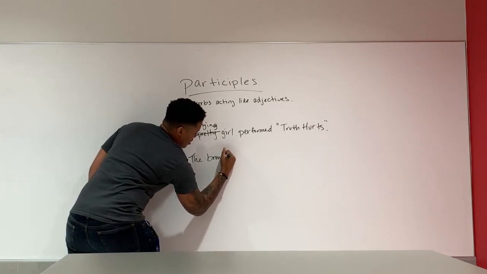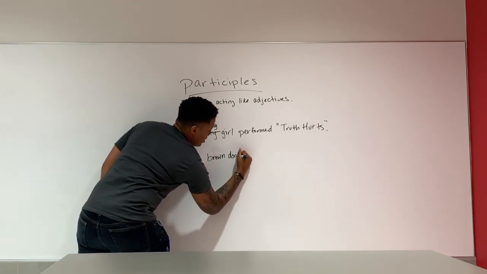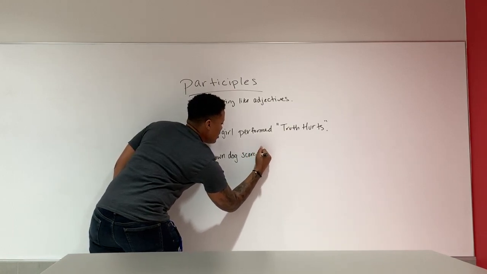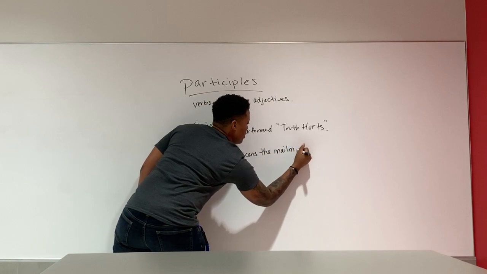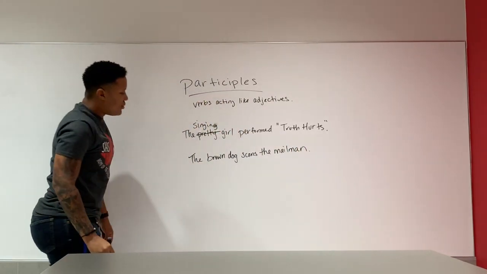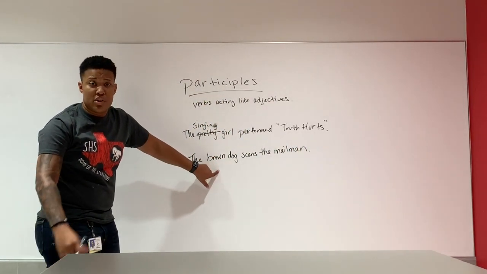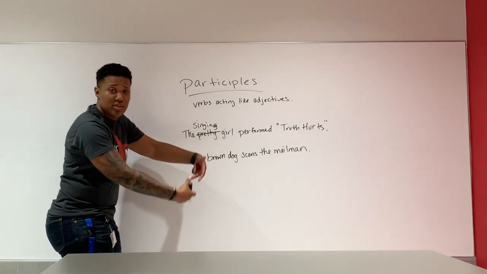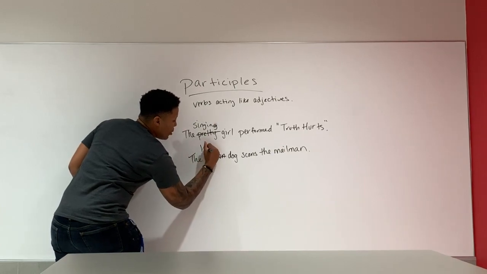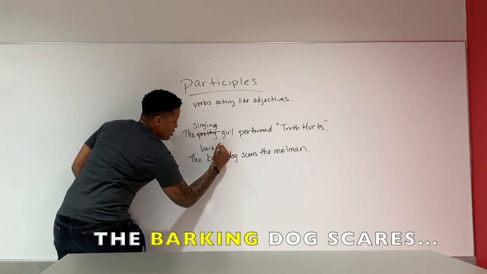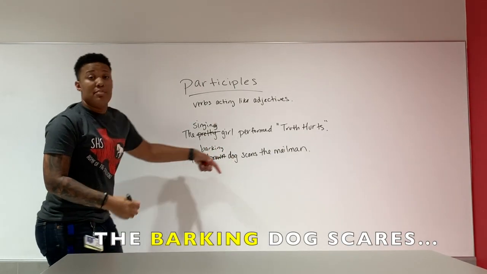brown dog scares the mailman. Bad dog. But if you didn't want to describe the dog with brown, which we all know is a color that describes a dog, so it's an adjective, you could say instead something like the barking dog scares the mailman.